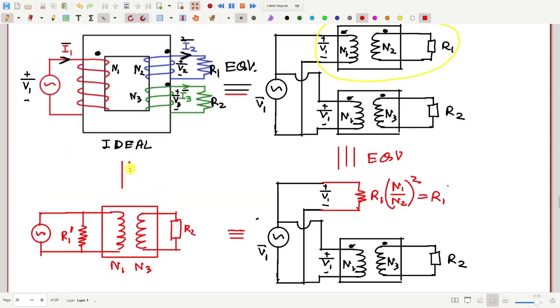So a transformer with 3 windings in this way is equivalent to a single transformer with 2 windings and one impedance brought to the primary side like this.